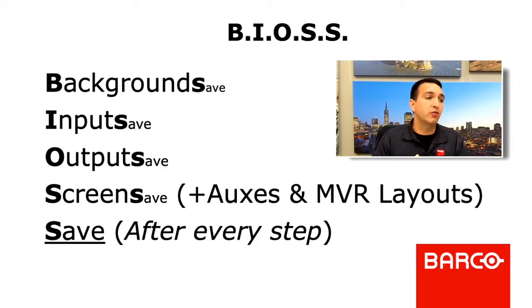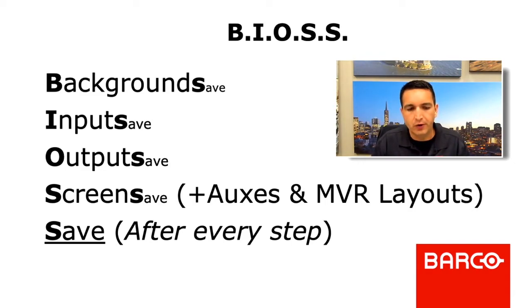We want to save after every step, right? It's important to save after every step, because if you do not and somehow you lose power at the venue, or something negative happens that you didn't want to happen, you'll lose all of your progress as you're going along, right? So essentially we try to beat it into you to make the habit of saving after every step. So BS, IS, OS, so on, so forth.